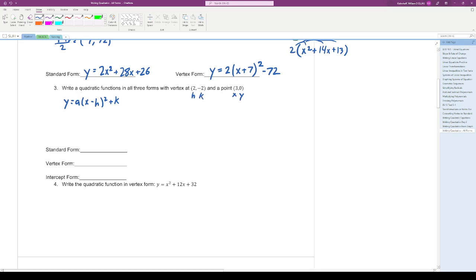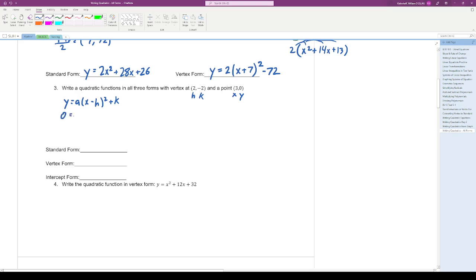So that gives us 4 out of our 5 variables, and that lets us solve for a. So this is a great place to start so that we can find out what a is. If we tried to start with any other form, we wouldn't have enough information. So the fact that they gave us the vertex is our key that vertex form is where we want to start. So let's plug in these 4 values.